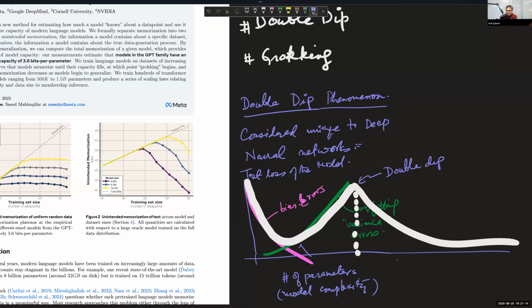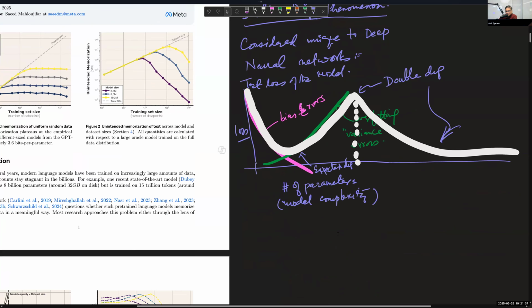This is your first dip, the expected dip. This is the minimum, but then you start noticing that you have this other decline in the total loss. This is the loss here. So this is the concept of the double dip phenomenon that you observe, especially in deep neural networks.